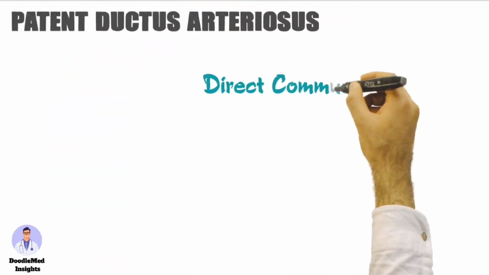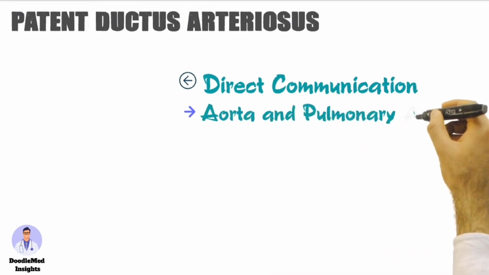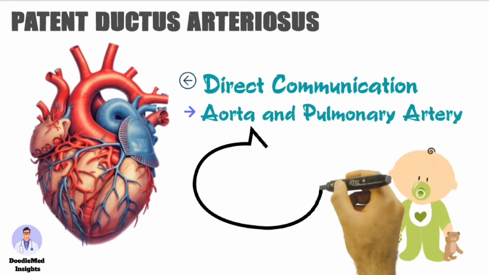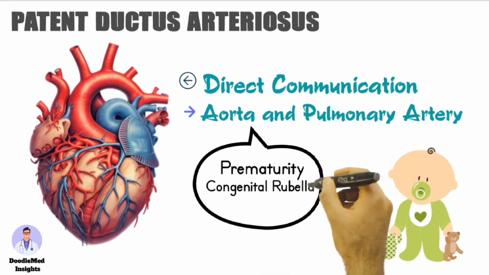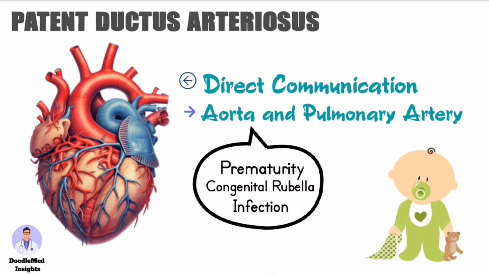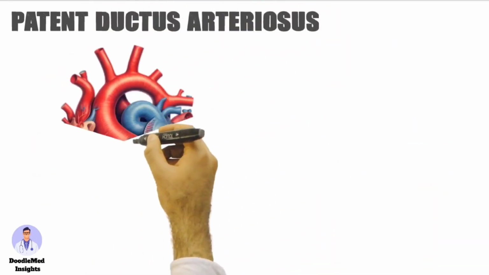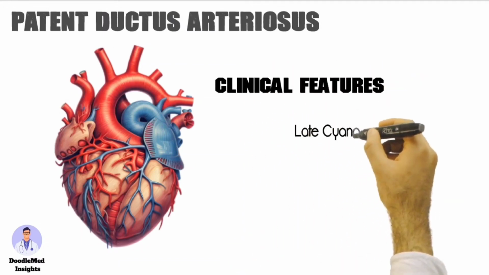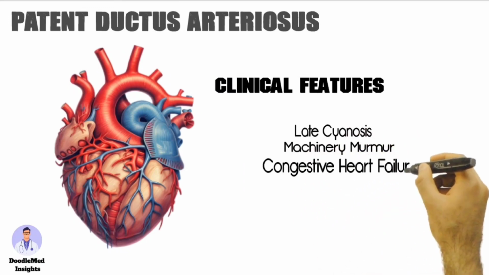Patent ductus arteriosus is a direct communication between the aorta and pulmonary artery, due to the continued patency of the ductus arteriosus after birth. It is associated with prematurity and congenital rubella infections. Clinical findings include late cyanosis, machinery murmur, and congestive heart failure.